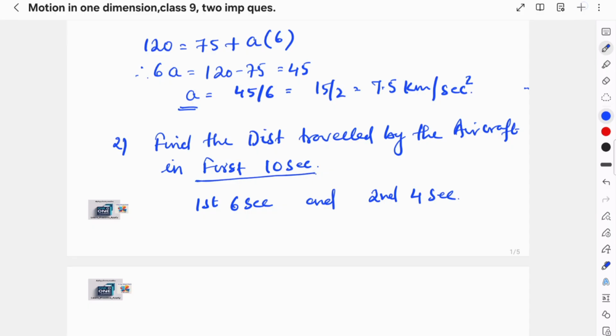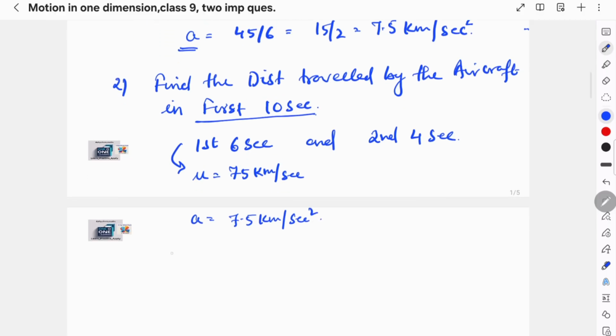Now for the first 6 seconds we know the initial velocity, that is u, was 75 km per second and the acceleration was 7.5 km per second square. So now let us use the equation s is equal to ut plus half at square.